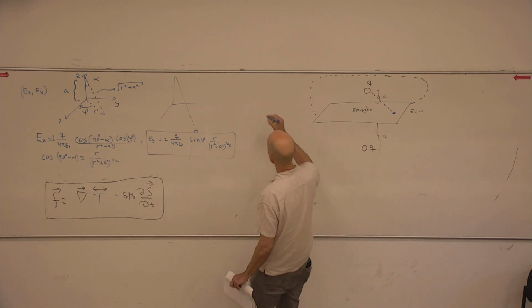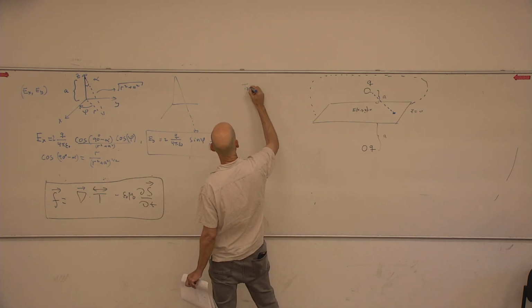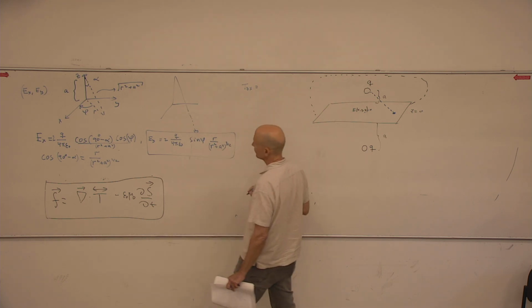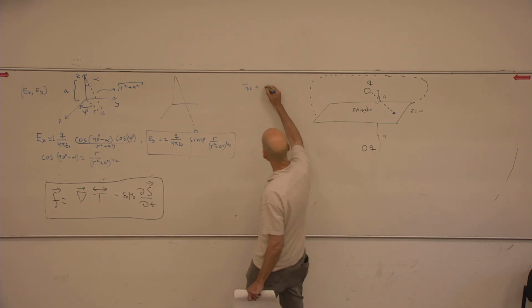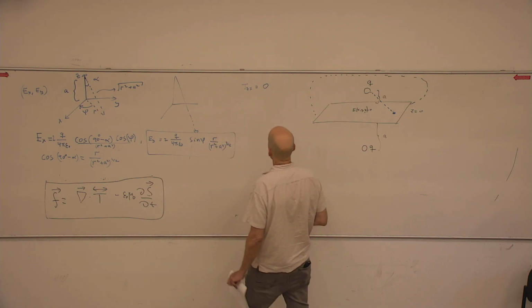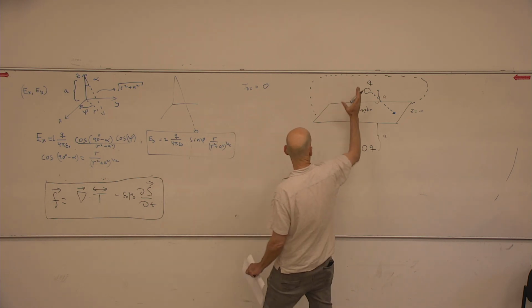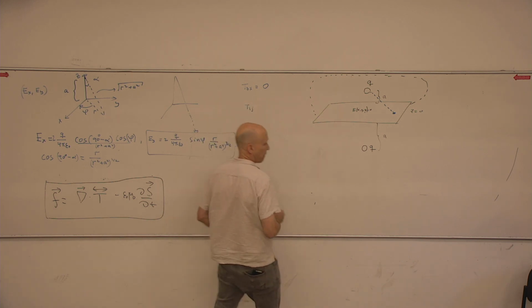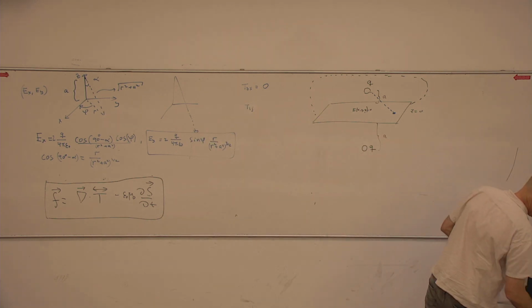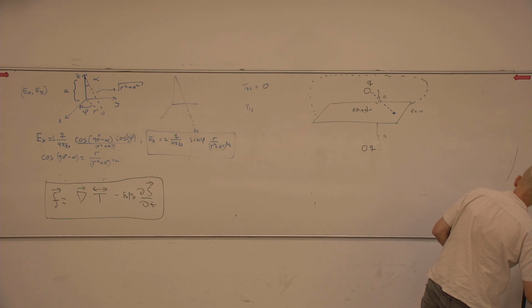What is, for example, Tzx? I claim it's 0, which is related to the symmetry of the problem. The reason is, what is Tij? If you don't see it, then let me write it.